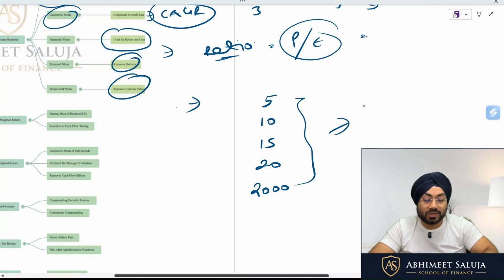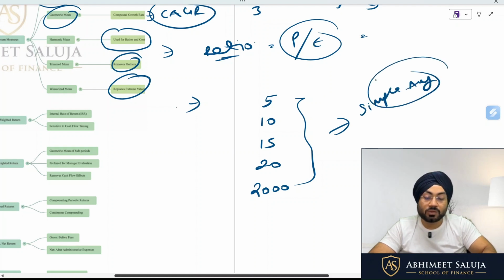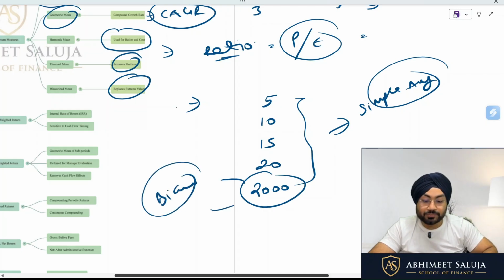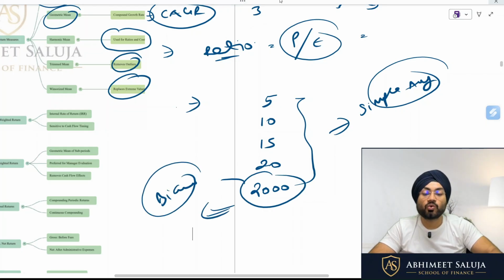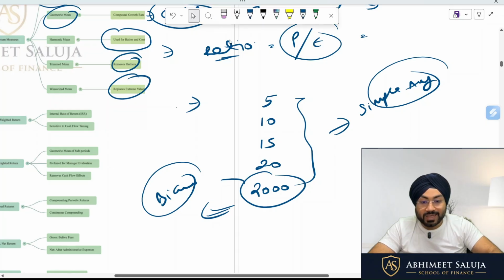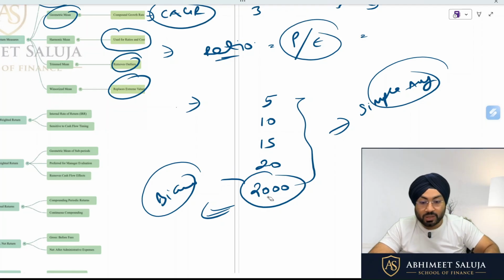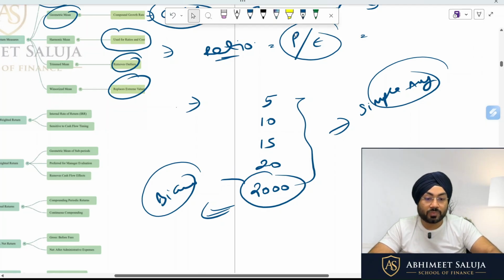If you calculate the simple average, which is the arithmetic mean, the average you get will be biased because of this 2000 value. So we can use a trimmed mean or a winsorized mean. In a trimmed mean, you just calculate a simple average wherein you remove the 2000 value.